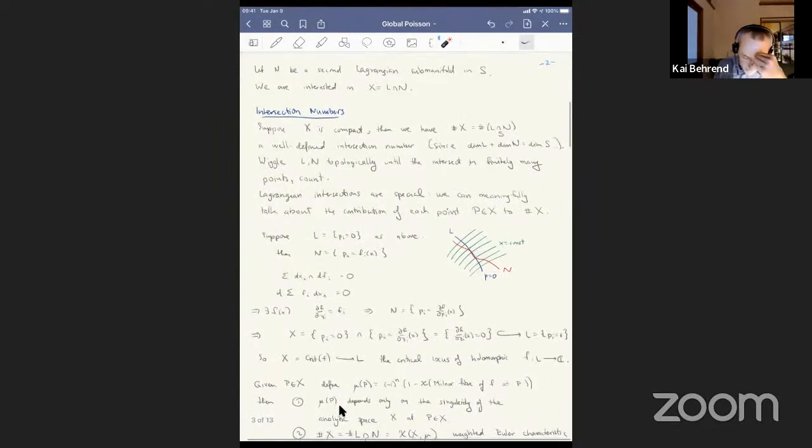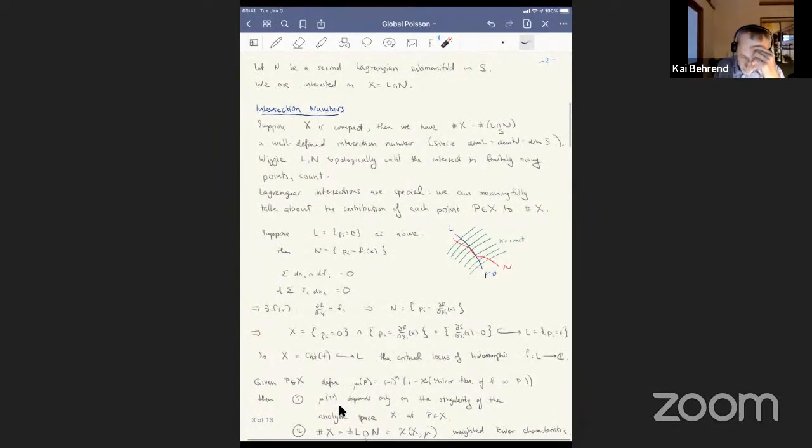Okay. So once we have this holomorphic function on a smooth manifold L, and I have a point in the critical locus of this function, I can define the following number.